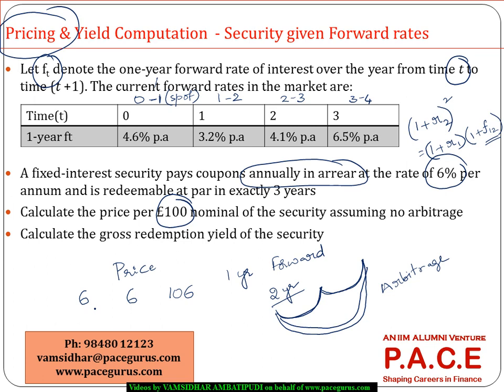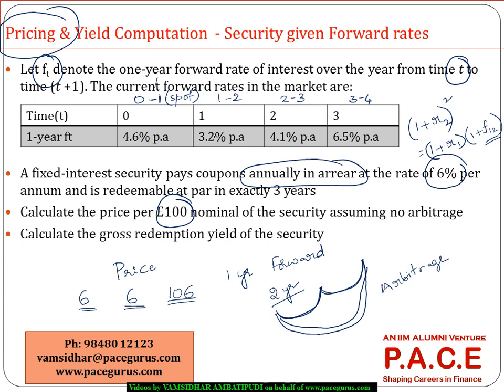So cash flow wise, after 1 year there is a cash flow of 6, after 2 years another 6, and after 3 years there is 106. But because the interest rates are different for each of the periods, the discounting factor will differ for each of the periods.